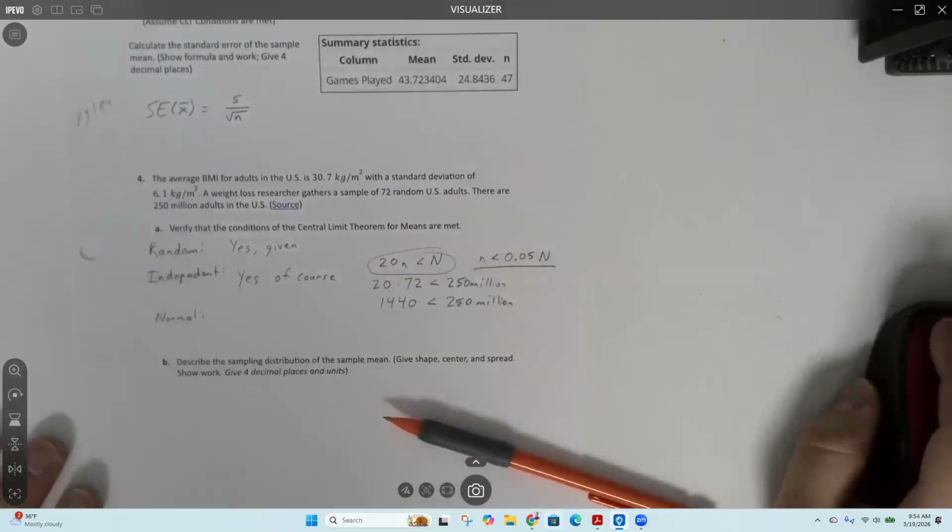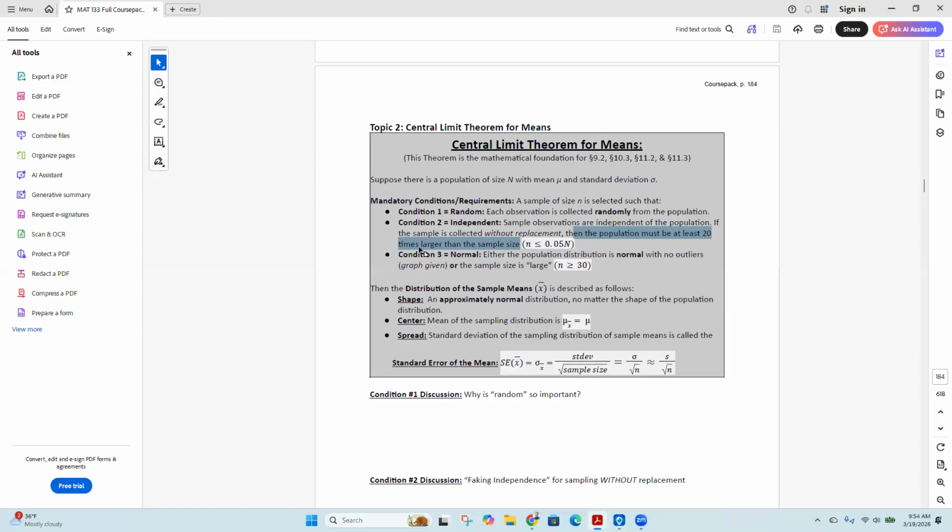All right. The last one was normal. When we say normal, I don't mean that the population is normal. I mean if the population distribution is normal, with no outliers given. In other words, if we have a quantile graph that we can look at, we can say the population's normal.